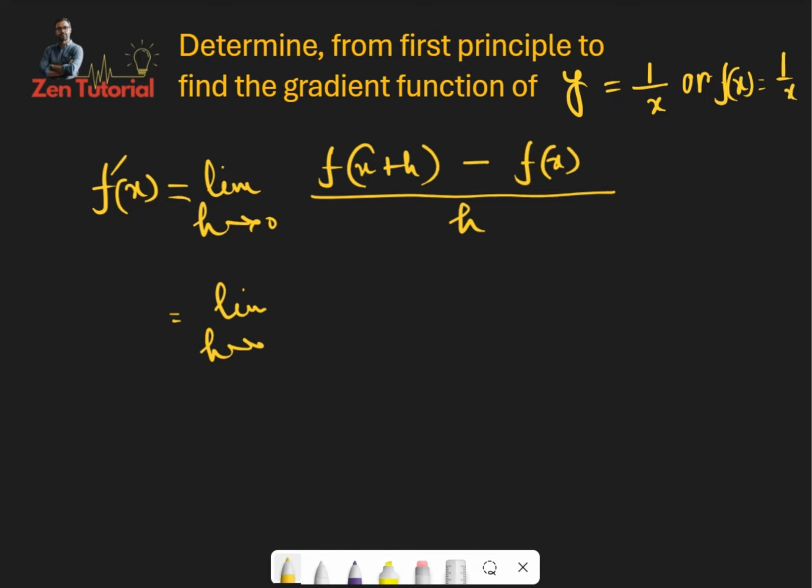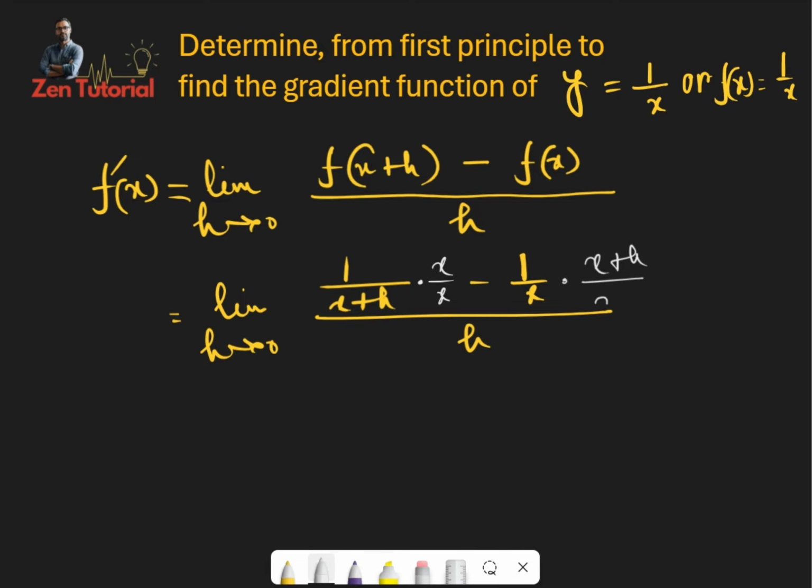Here the function f of x is equal to 1 by x, so we could write down 1 by x plus h minus 1 by x. Now what I can do here is multiply with x by x, and here x plus h over x plus h. Why?